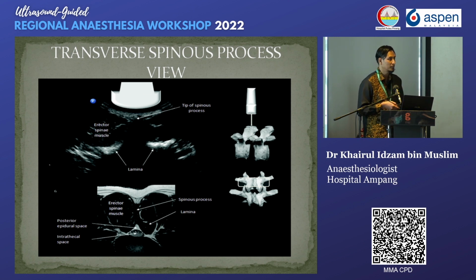Then after we get this oblique view, we need to turn our transducer 90 degrees to get the transverse spinous process view. In the transverse process view, we can identify the tip of our spinous process, the erector spinae muscles, and the lamina.